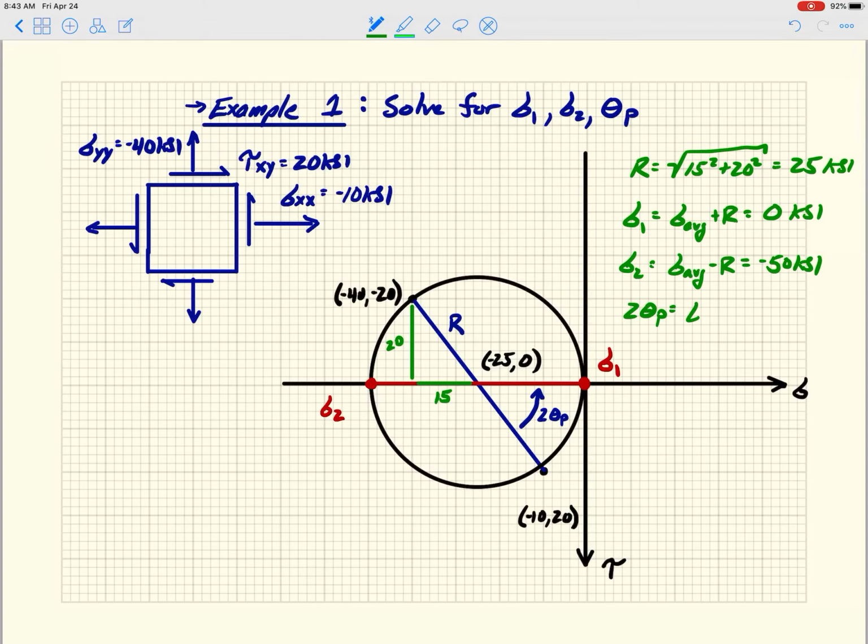And so 2 theta p equals the inverse tangent of opposite over adjacent, which in this case will be 20 over 15. And that is going to give me a theta p of 26.5 degrees, and it's going to be in that direction. So on the circle, I'm rotating it counterclockwise, so on the cube, I'm also going to rotate it counterclockwise.